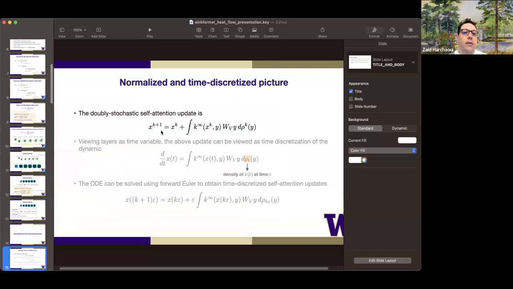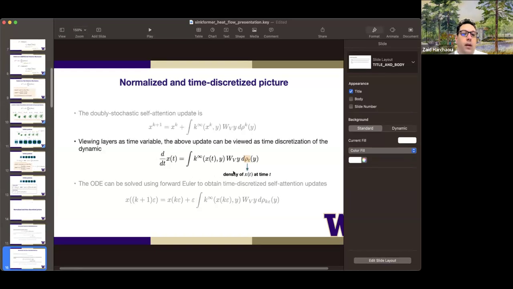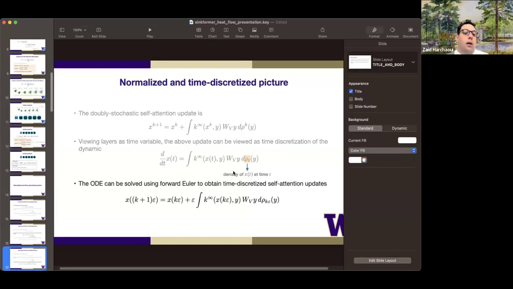And so we can see this as the discretization of this continuous time evolution. And this way we can obtain the original formula as a discretization of the continuous time differential equation.